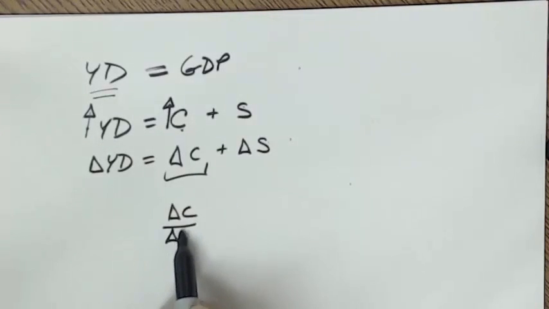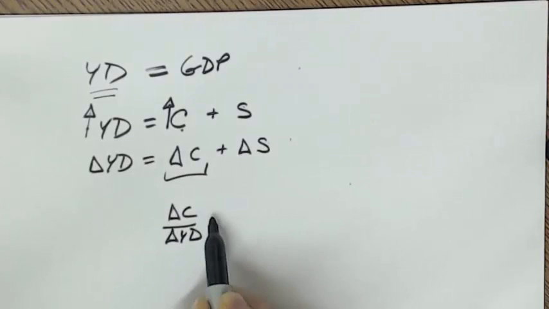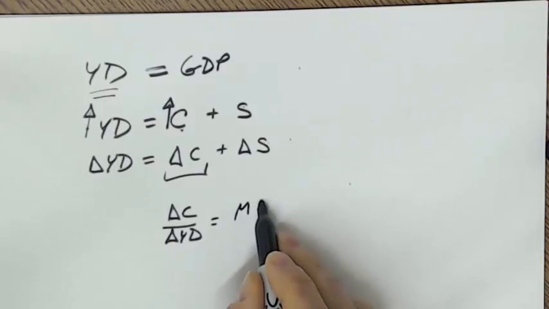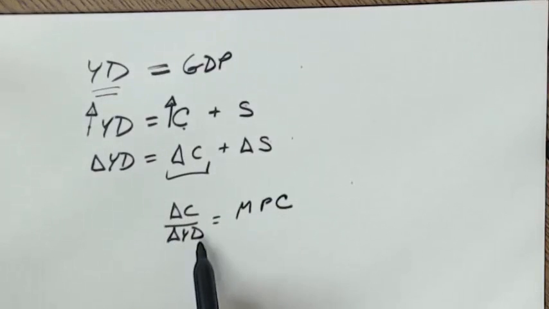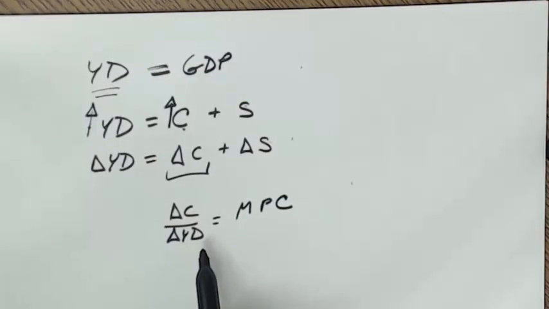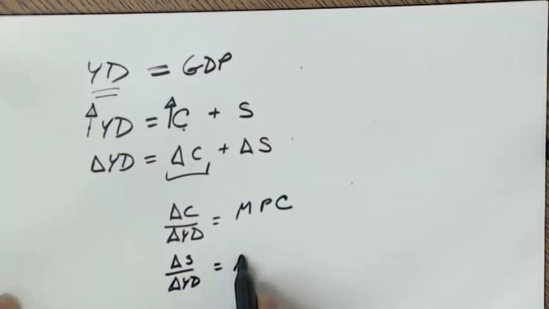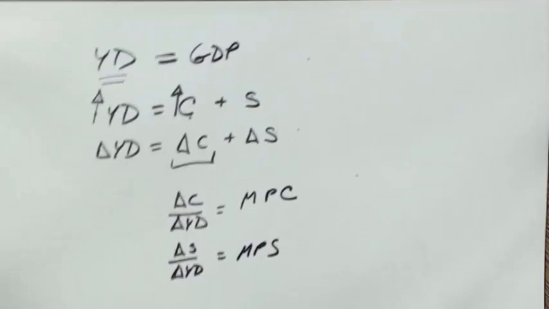Okay. So now we want to look at how consumption changes for a change in disposable income. That relationship is basically called the marginal propensity to consume, MPC. We can also look at how savings changes with a change in disposable income, and that's the marginal propensity to save.